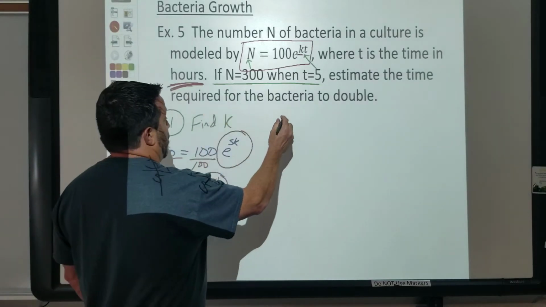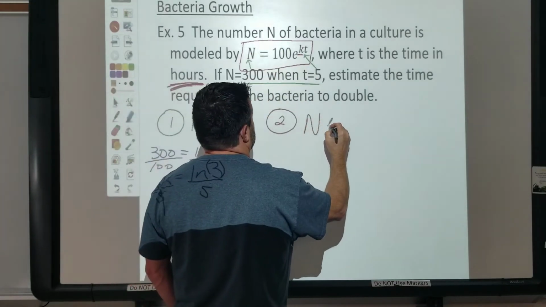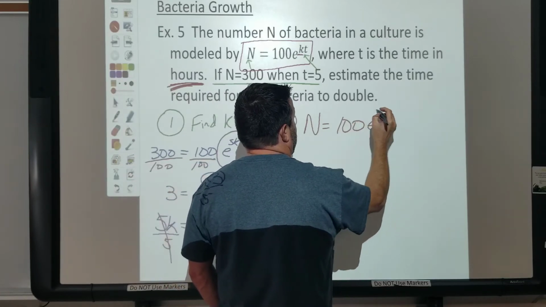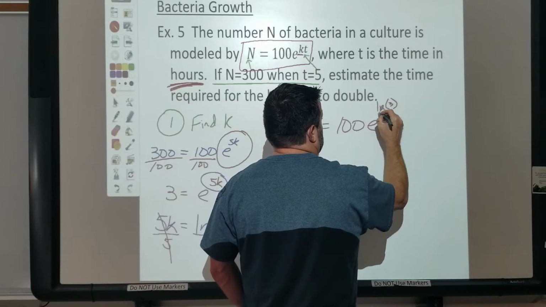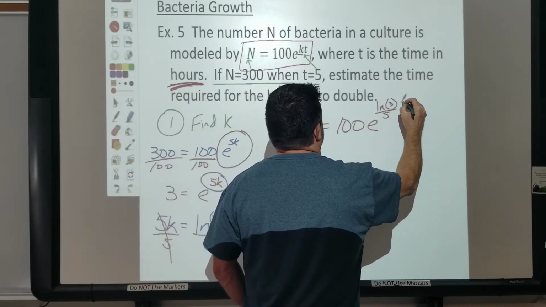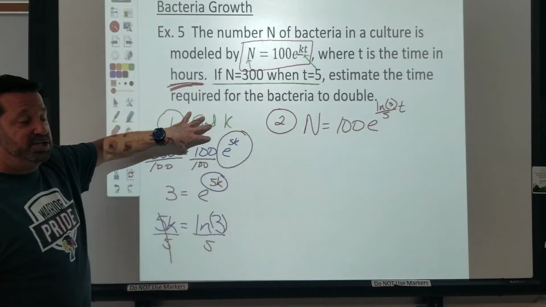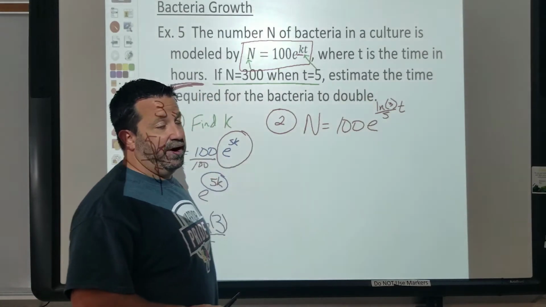So the second part is going to be that I'm going to rewrite this formula. N equals 100 e, and now k is the natural log of 3 divided by 5, and then times t. So first part is to find k, so you could rewrite your formula for that particular bacteria with its k value.